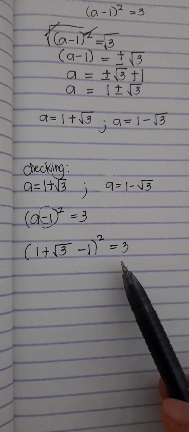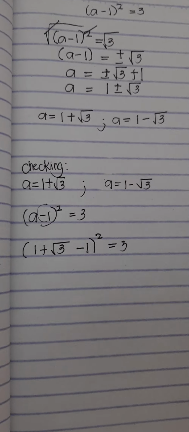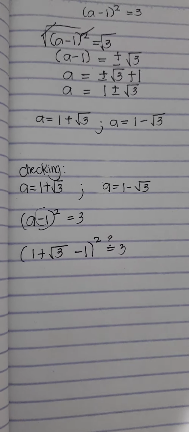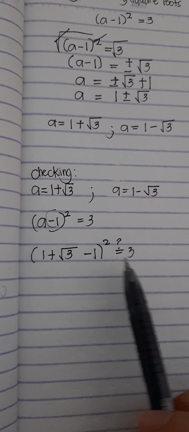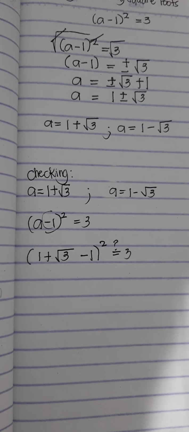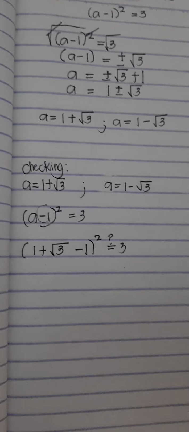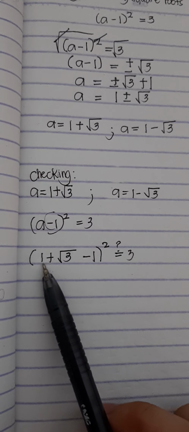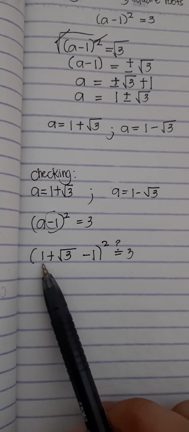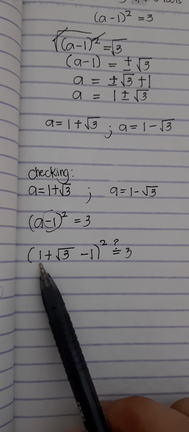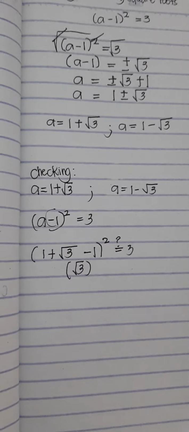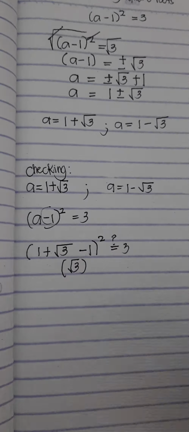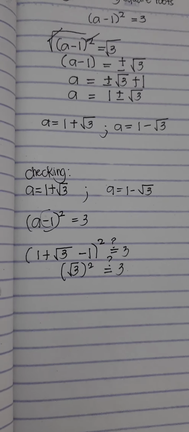In this stage of our process, we will just write a question mark because we are not yet certain if both sides of our equation are equal or not. So we have here negative 1 plus 1 is 0. So what will be left is square root of 3 raised to 2. That is equal to 3. But we're not yet certain.